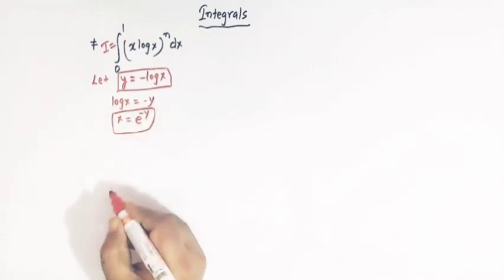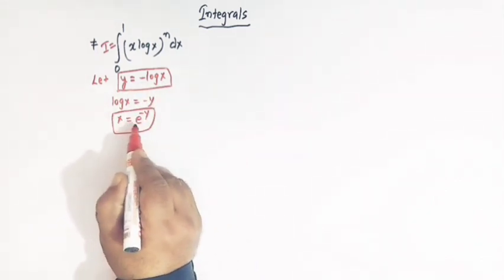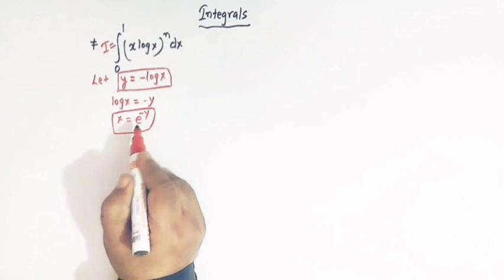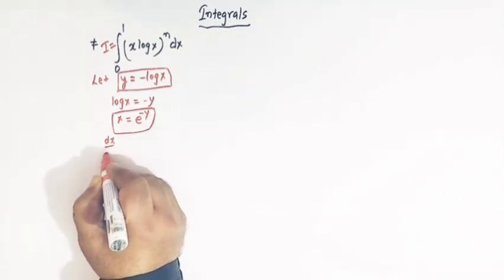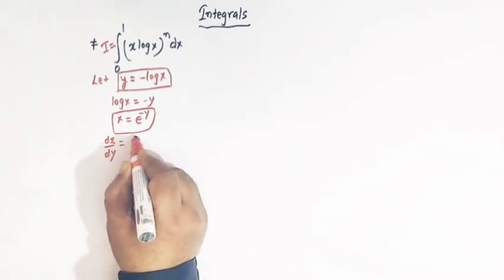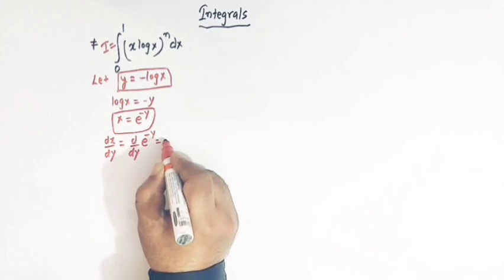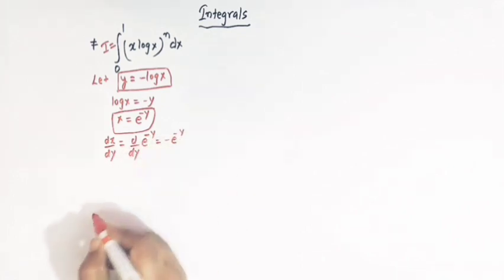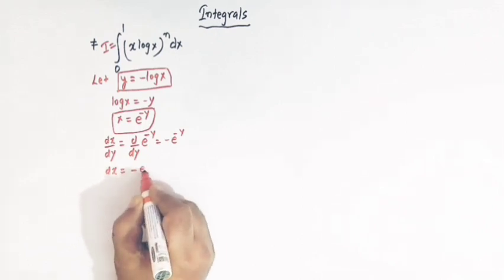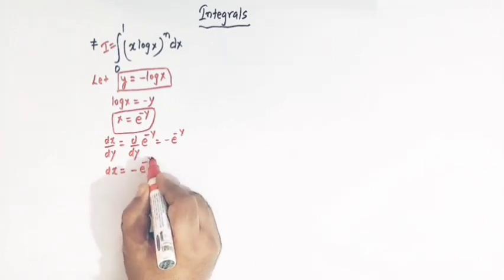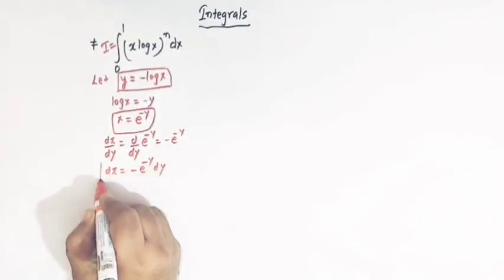Now let us differentiate x is equal to e raised to minus y with respect to y. So dx over dy is equal to d by dy of e raised to minus y, which is minus e raised to minus y. So dx can be written as minus e raised to minus y dy.